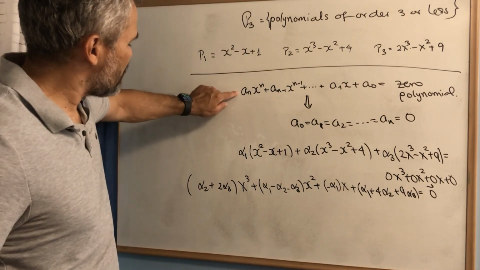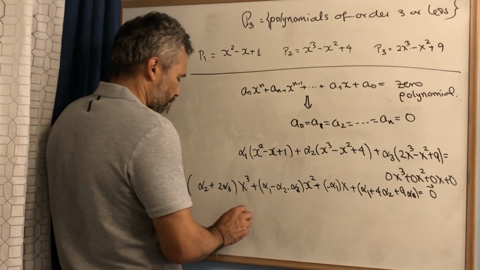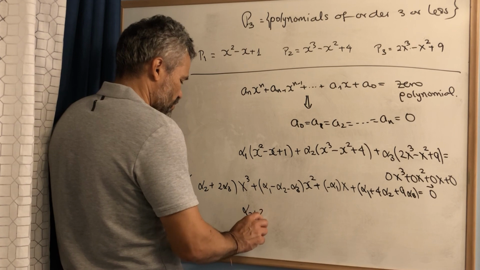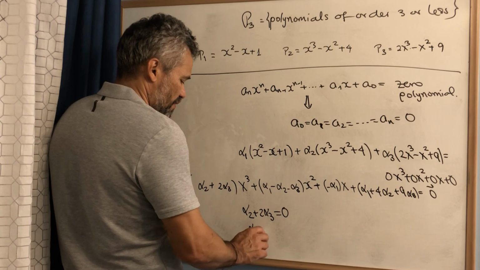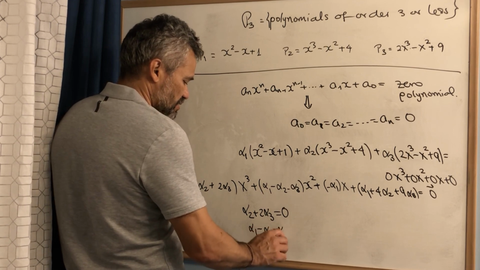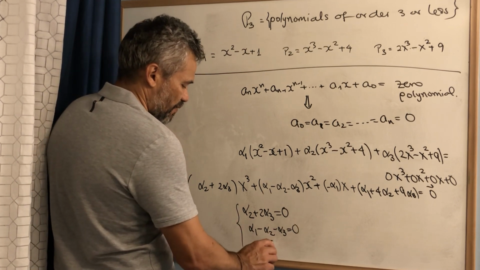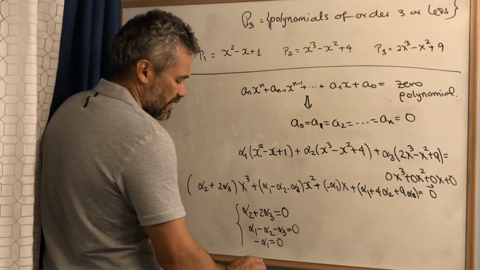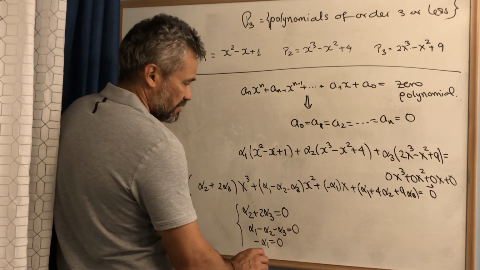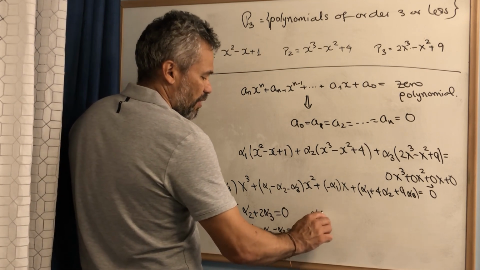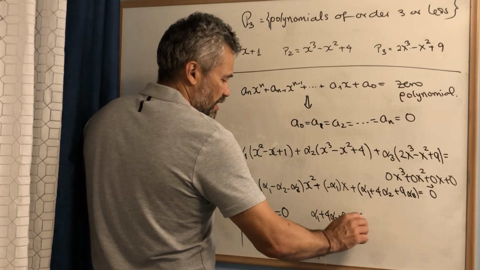Then, using this property, we have that this equation is true if alpha 2 plus 2 alpha 3 is equal to 0, alpha 1 minus alpha 2 minus alpha 3 is equal to 0, negative alpha 1 is equal to 0, and the last equation is alpha 1 plus 4 alpha 2 plus 9 alpha 3 equals 0.